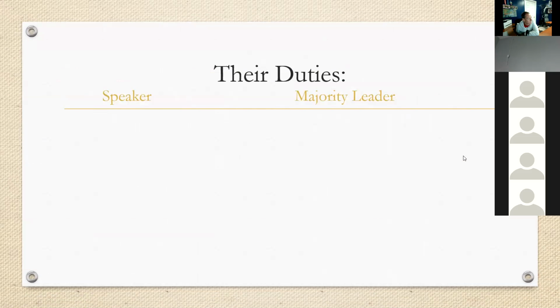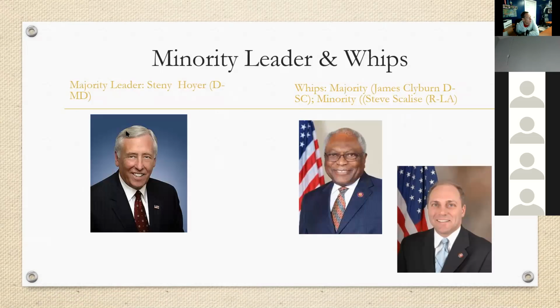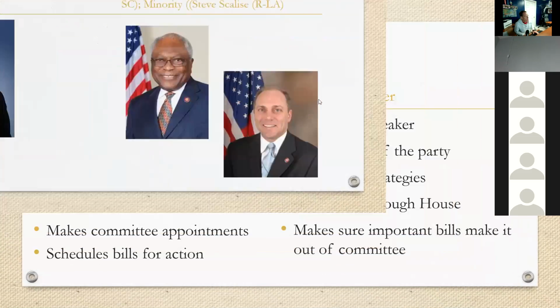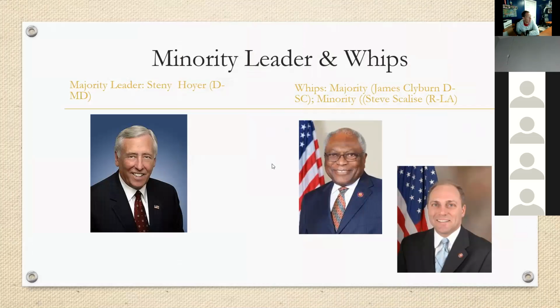Okay, so I'm going to skip their duties and move on to the majority and minority leaders and whips. Nancy Pelosi is in charge of the entire House of Representatives. Steny Hoyer is the majority leader of the Democratic Party. He's in charge of the Democratic Party. These guys are the whips. Now, they literally don't whip people, but their job is to make sure.